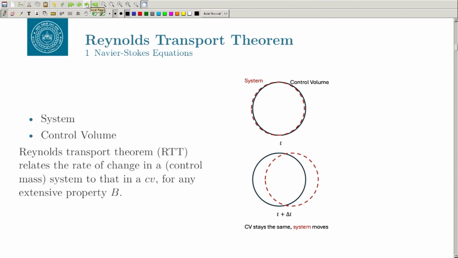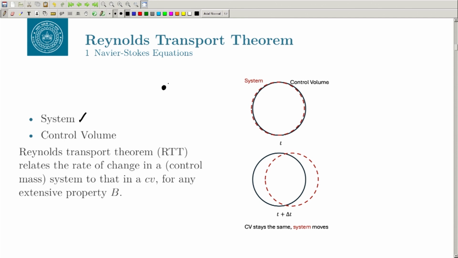The control system is basically a collection of particles through which the matter can go out. So, let us say you have a particle and you are observing how it is moving in the flow and what are the forces acting on that particle. So, you can use this control system approach.